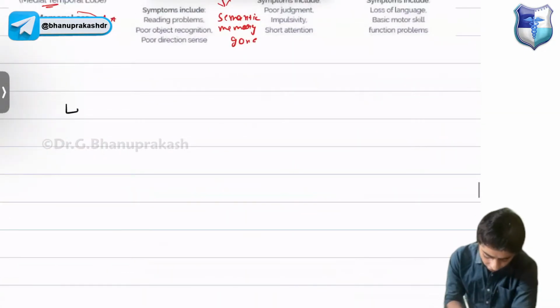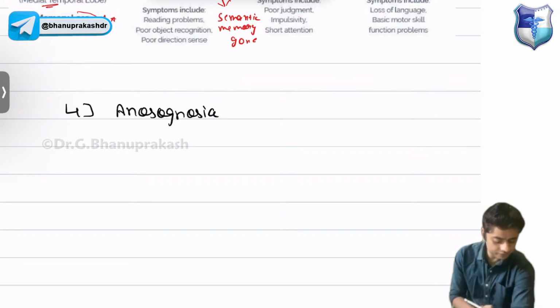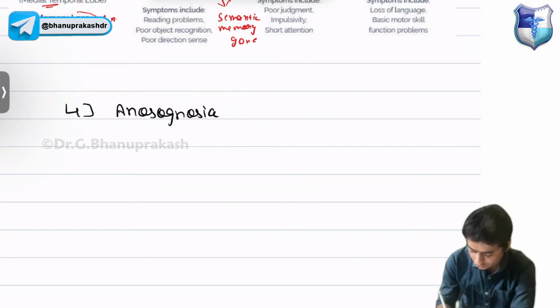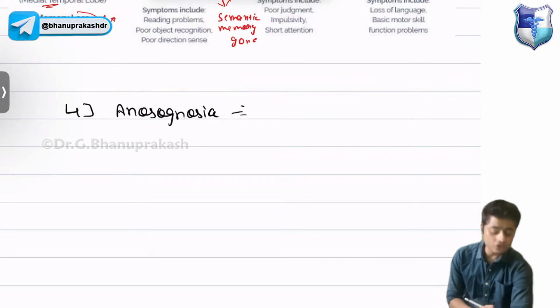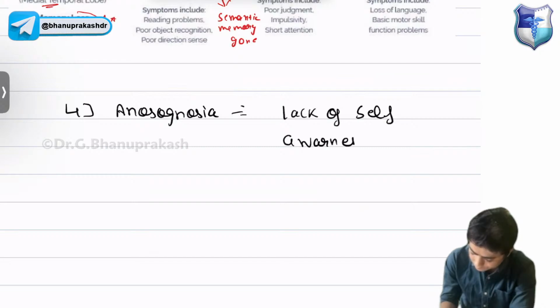Now, there is another clinical feature also in this patient, that is anosognosia. So, what do you understand by anosognosia? That is lack of self awareness.